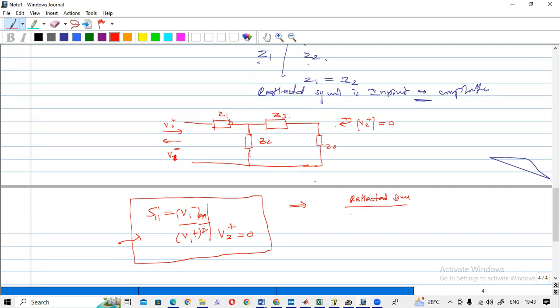Reflected signal divided by input signal. Actually, this is a voltage, you know. Reflected voltage is divided by input voltage. What is this equal to?